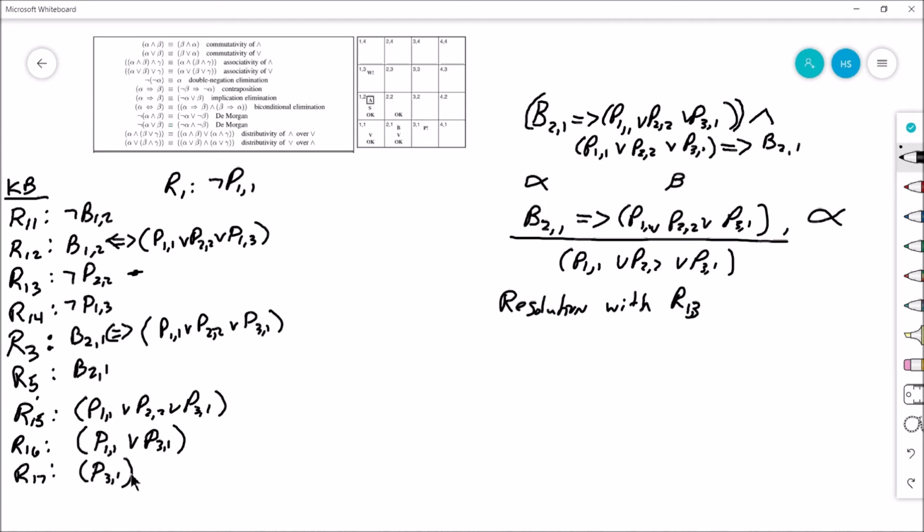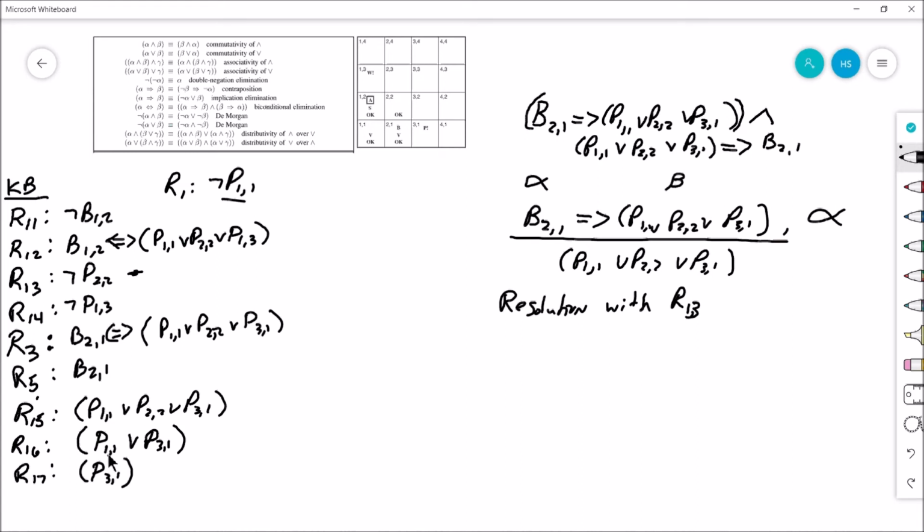Okay, so in similar language, if there's a pit in P11 or there's a pit in 3-1, and I know that there is no pit in 1-1 because of sentence R1, then it must be that the pit is in 3-1.